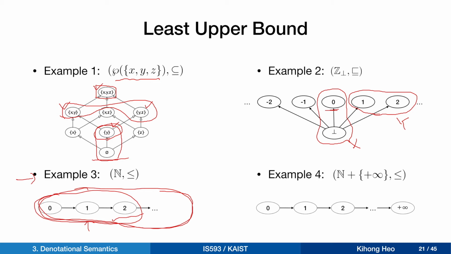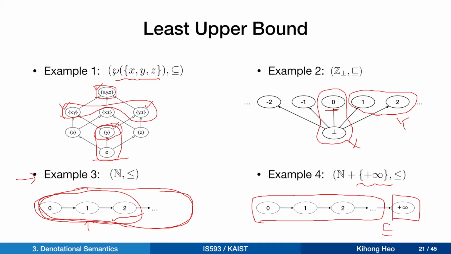The upper bound of this whole set of natural numbers makes sense if we add the infinity symbol to the set. Okay, so in this case, the upper bound of the whole natural numbers will be this infinity.